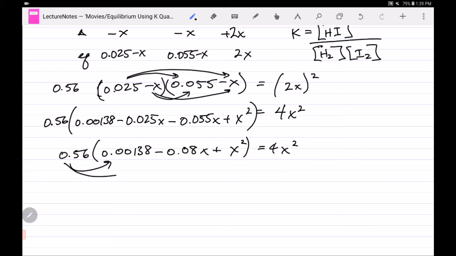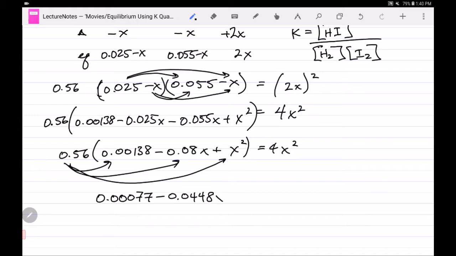Now we're going to distribute what's outside the parentheses. Now we're going to combine like terms.